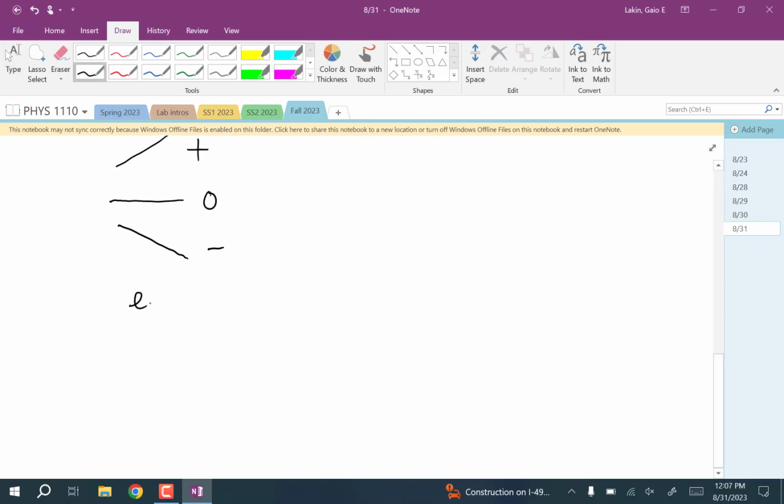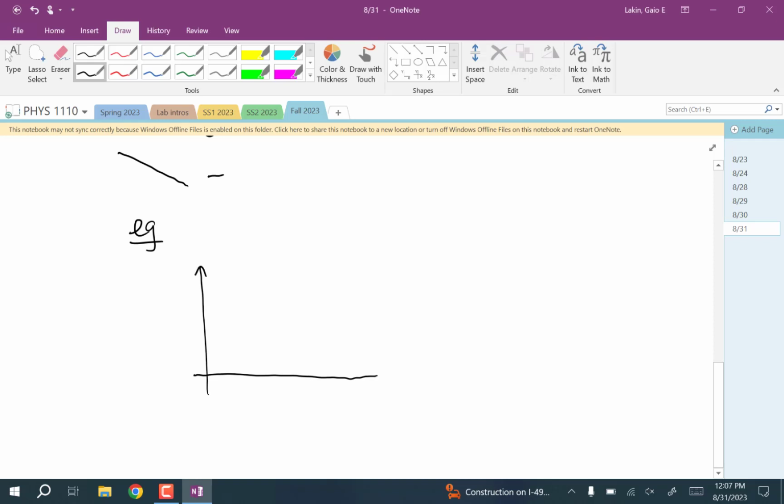Okay, so for example, let's think about a position versus time graph of a motion. So let's say an object's moving like that. And let's think about the direction the object is moving in at three different instants.